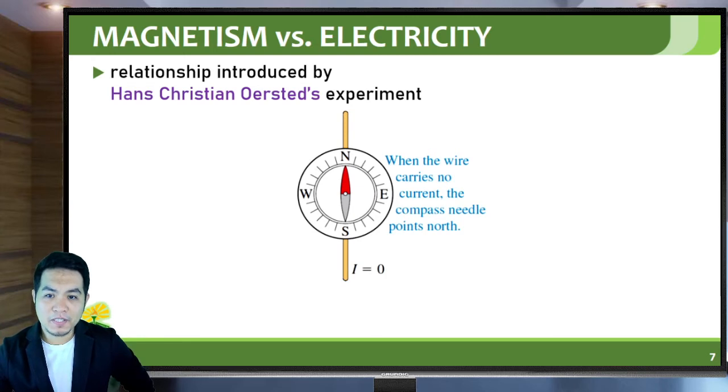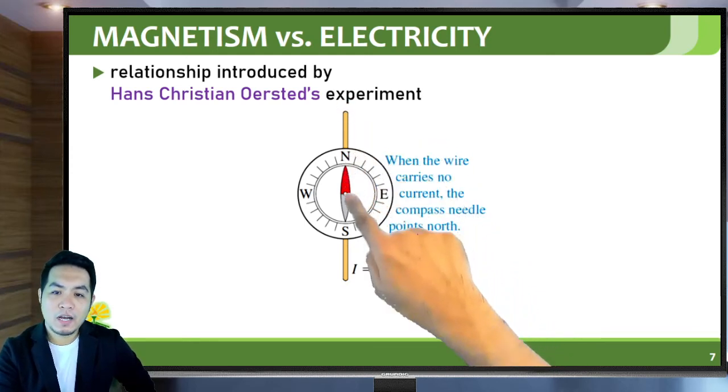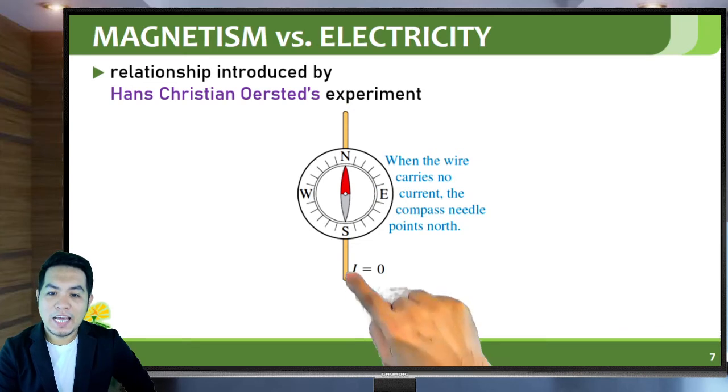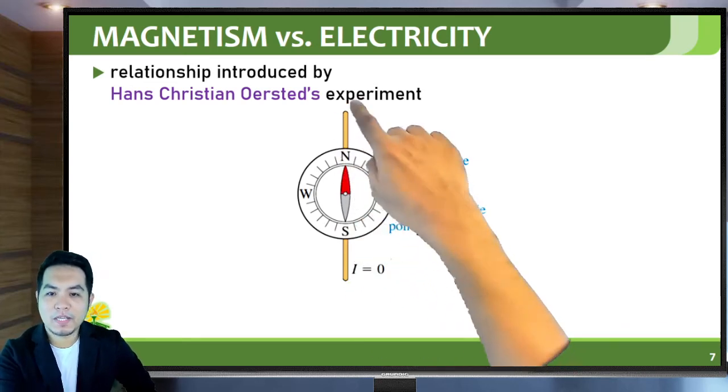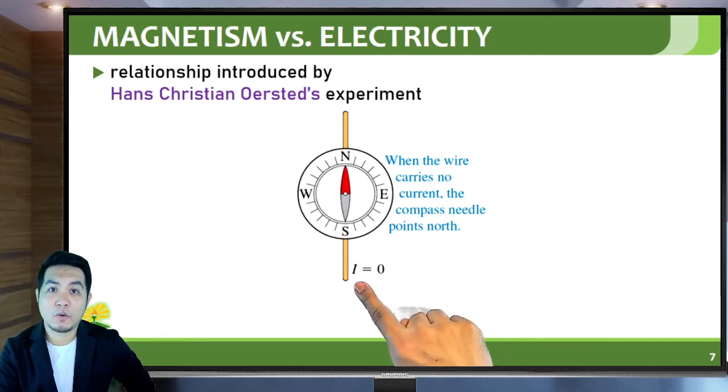He has a compass, and he puts the compass on top of a conducting wire. Initially, he aligned the direction of the compass to the length of the wire, and initially there's still no current.